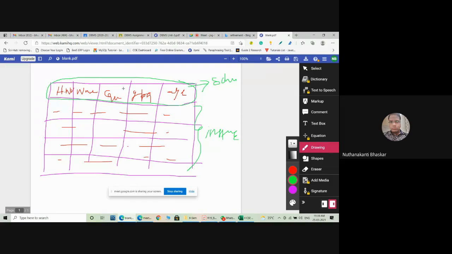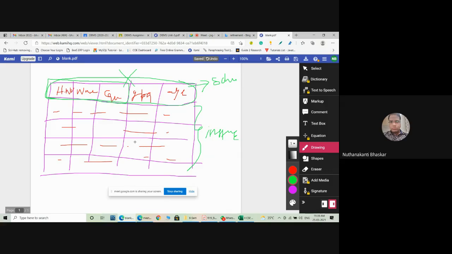Decomposition means we have to break this table into two tables or three tables. Here I take article number, name and GPA as one table, and article number, department and age or gender as another table.